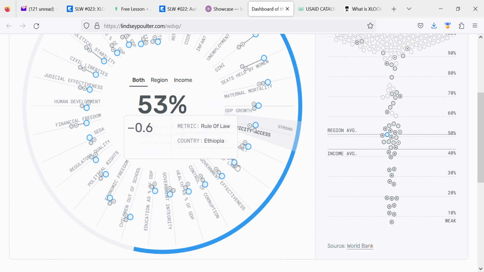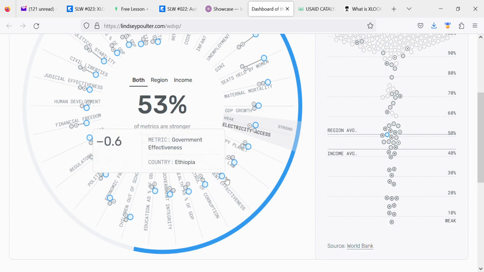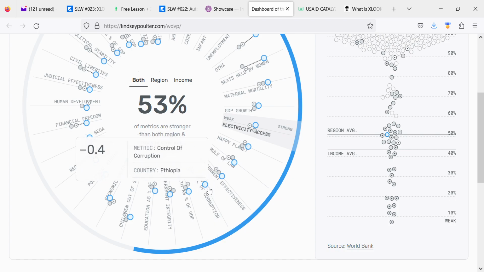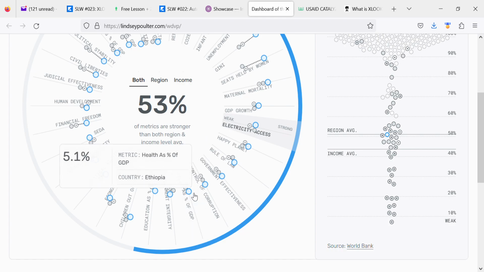Rule of law negative 0.6. Government effectiveness negative 0.6. Control of corruption negative 0.4. Health as a percent of GDP is 5.1.